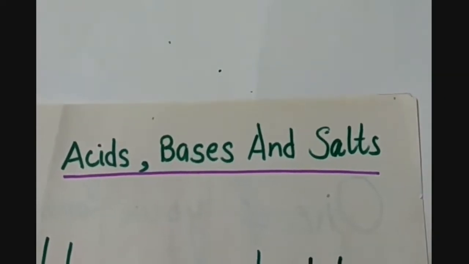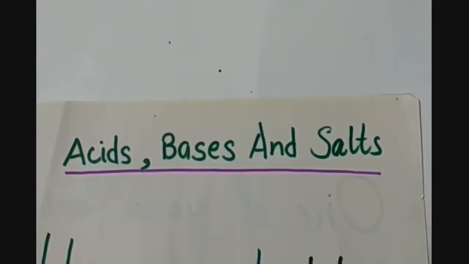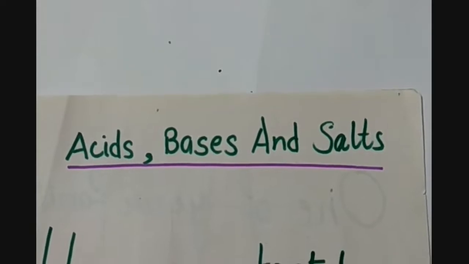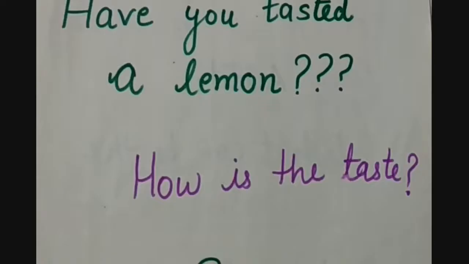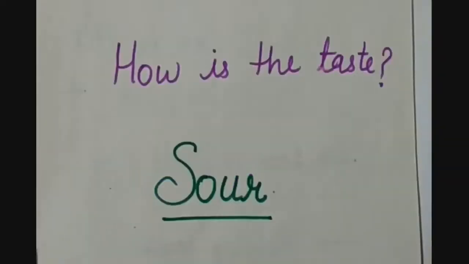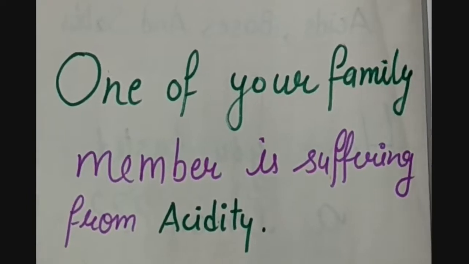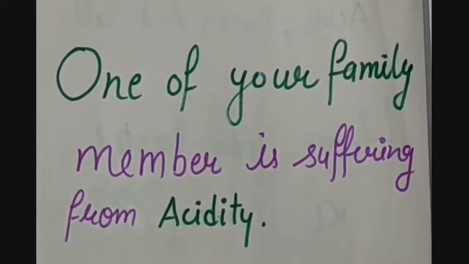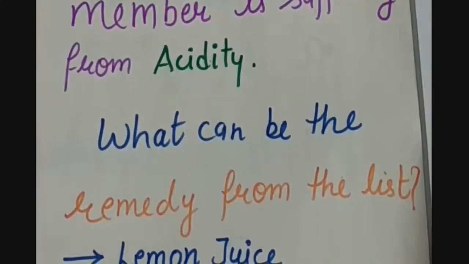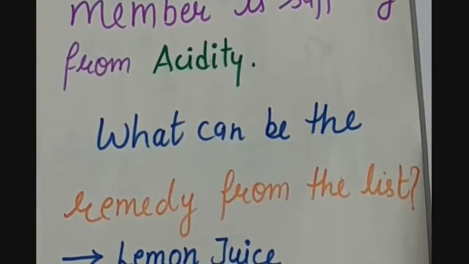Before starting the chapter, that is acids, bases and salts, I want to ask you a question. Have you tasted a lemon? How is the taste? One more question to you: if one of your family members is suffering from acidity, what can be the remedy from the list?